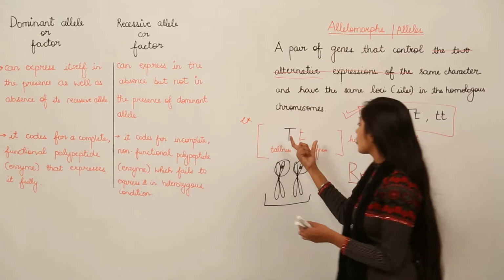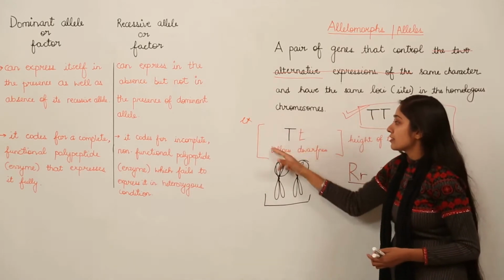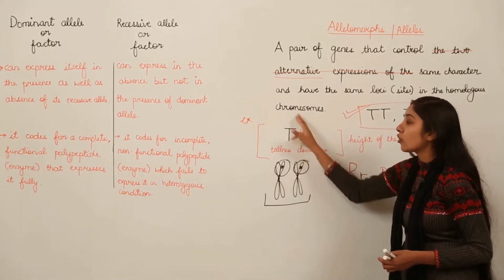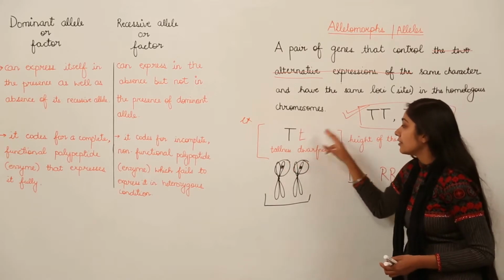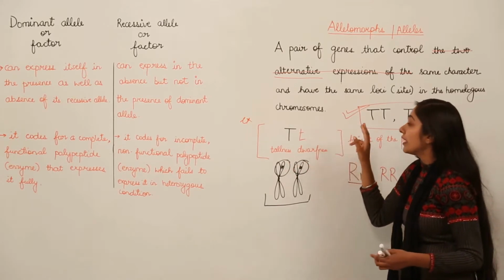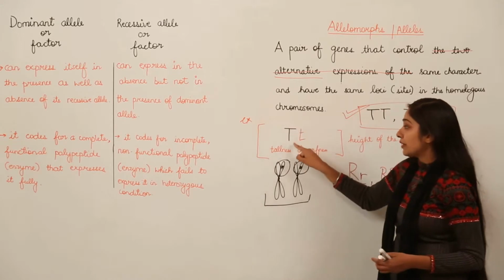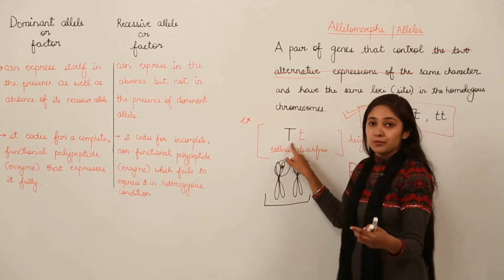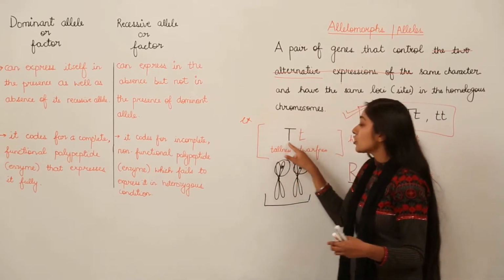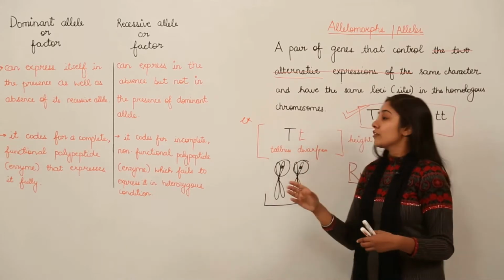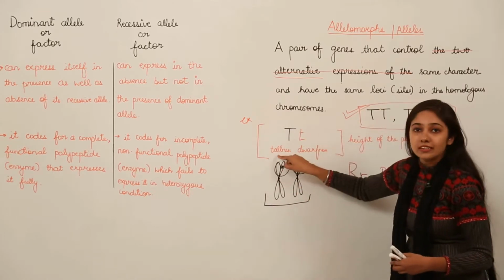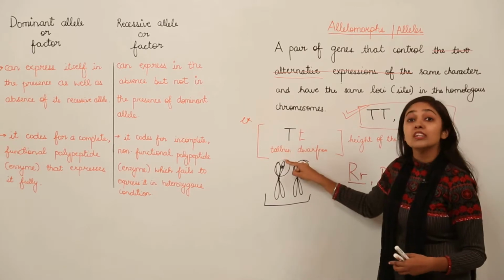For example, we have talked about this dominant allele, that is for tallness, and this is a recessive allele, that is for dwarfness. So when the dominant allele is present, the phenotype, meaning whatever you are going to observe from the outer appearance, will be dominated by the dominant allele. So the plant is going to appear taller.